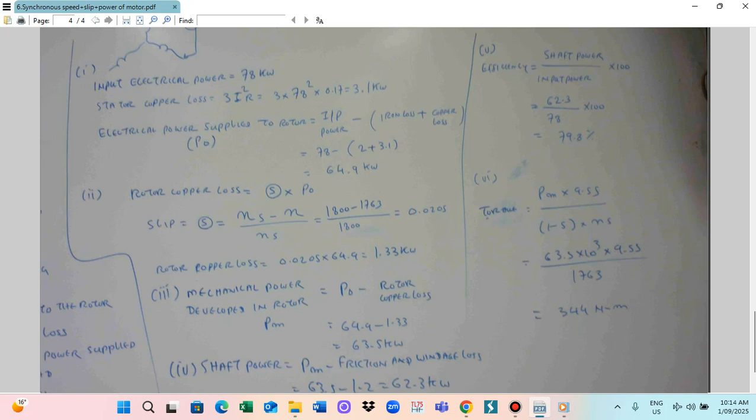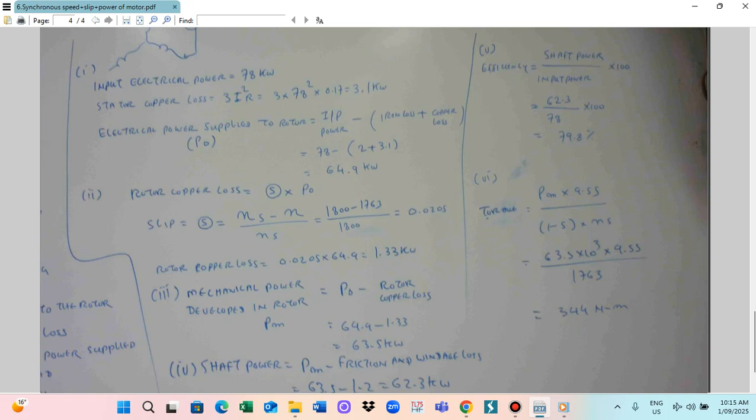The horsepower is equal to 1.34 times kilowatt. So 1.34 multiplied by 62.3. Then we get 83.5 horsepower. So motor horsepower is 83.5 horsepower.